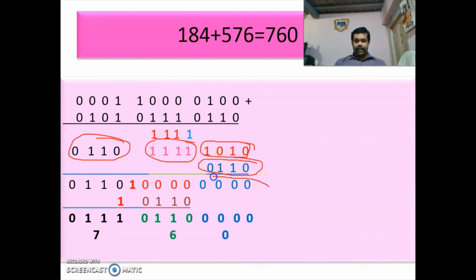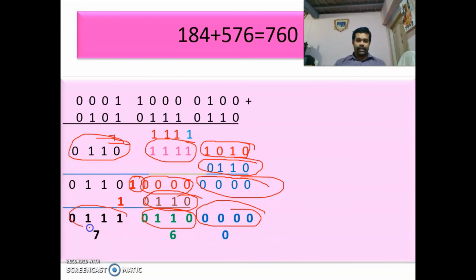So while adding a 6, we are getting 0 here, and this carry will be propagated here, and here we are getting 0 0 0 and a carry. So since we are getting a carry here, you have to add a 6. So after adding 6, you have to take this carry to here, and you have to add to this number. So here you are getting 0, here you are getting 6, and while adding here you are getting 7. So finally you are getting 7 6 0.